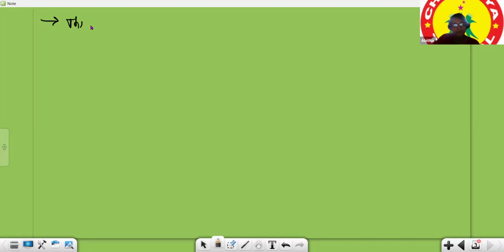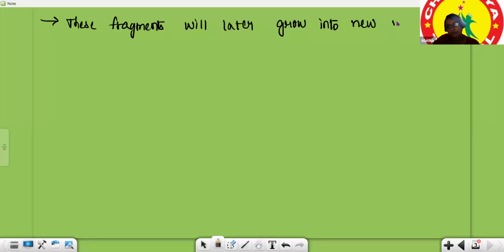These fragments will later grow into new individuals.